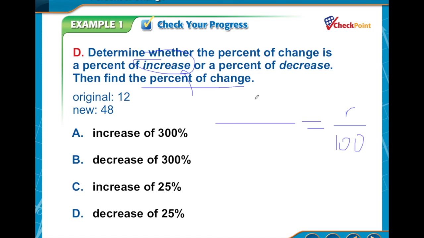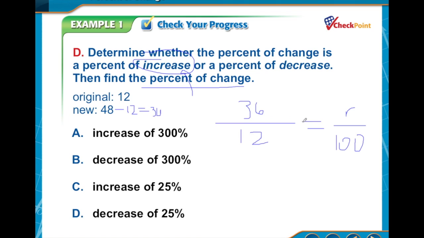On the left, I'm going to put my original as the base, 12, and my change on the top. So how much did we change from 12 to 48? Well, we can just subtract the difference between these two, and I'll start with a bigger number. So I know I'll end up with a positive. So 48 minus 12 is 36. So 36 is the amount we change from 12 to 48.